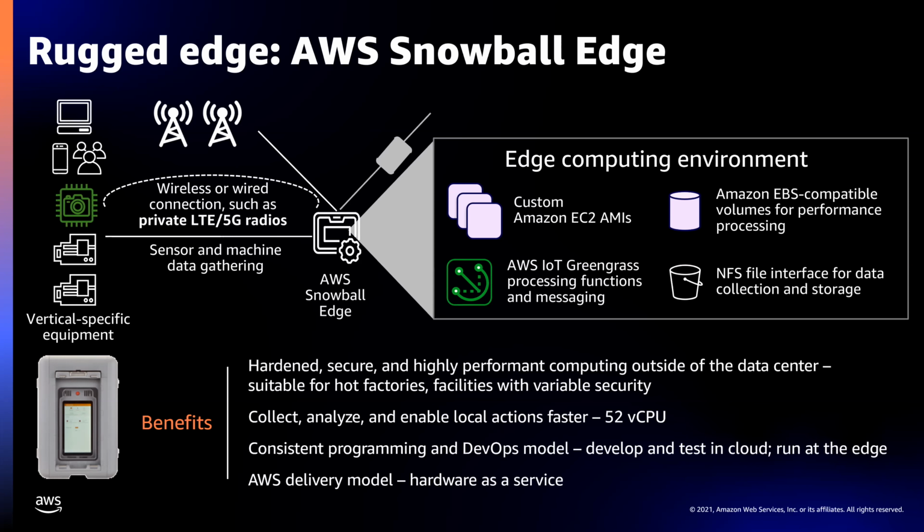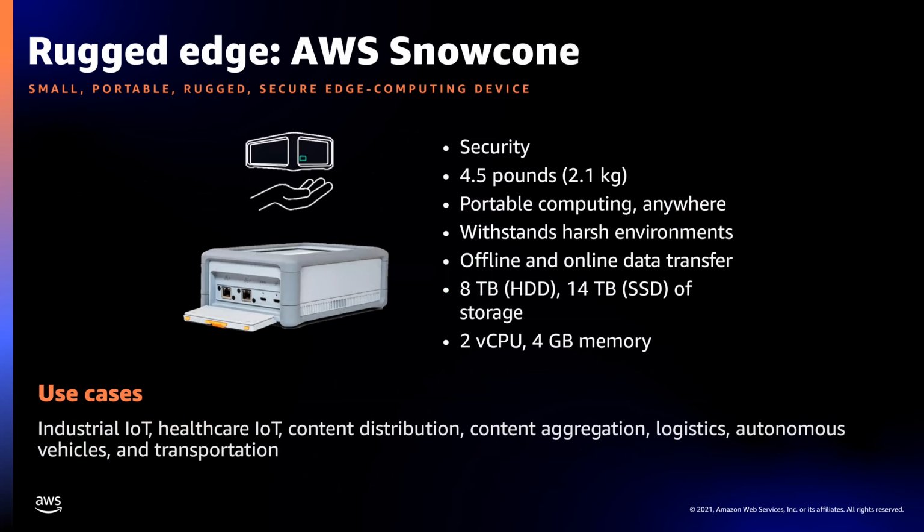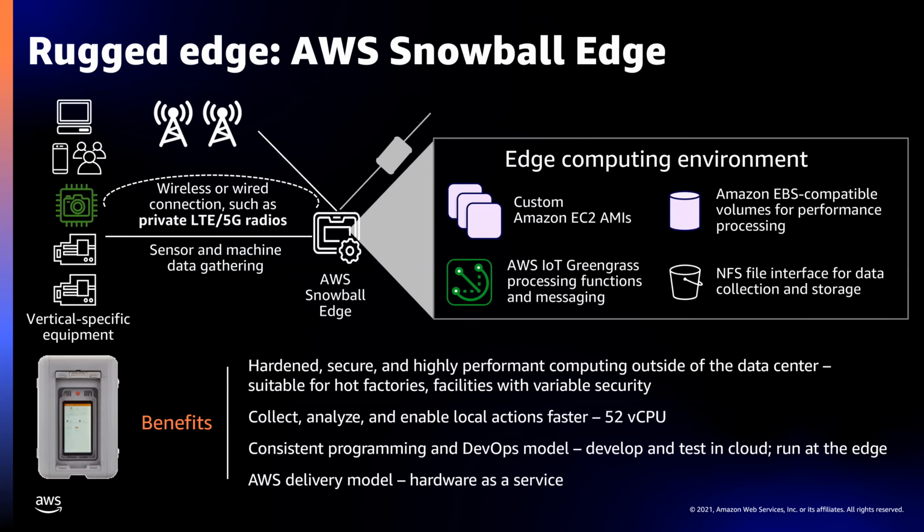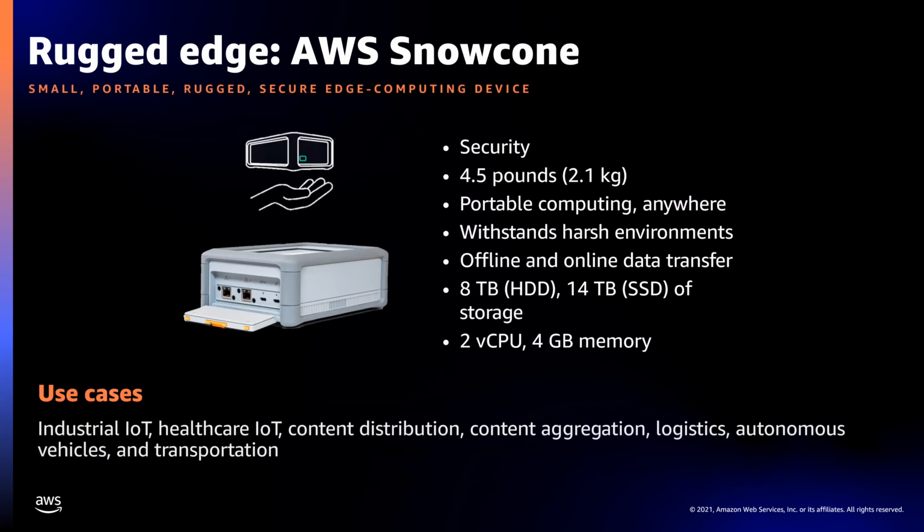Another part of the Snow family is the AWS Snowcone. If you look at the Snowball, you see it on the left-hand side. It's not really a great picture, but you can look at it on our website. It looks like an old 386 machine, about that size. The Snowcone is about the size of a tissue box.